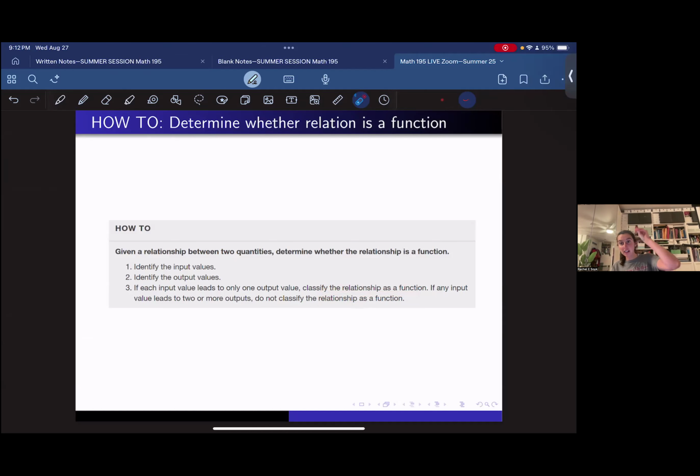If there are repeated x values, then boom, our vertical line test fails. But if each input leads to exactly one output value, aka no repeated inputs, then boom, vertical line passes and we have a function.